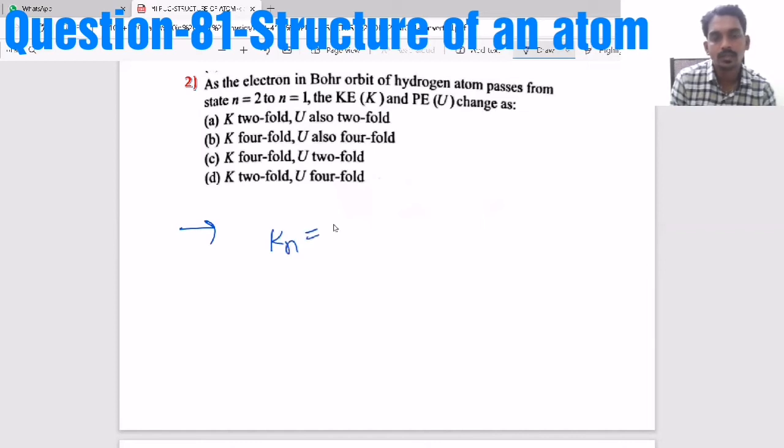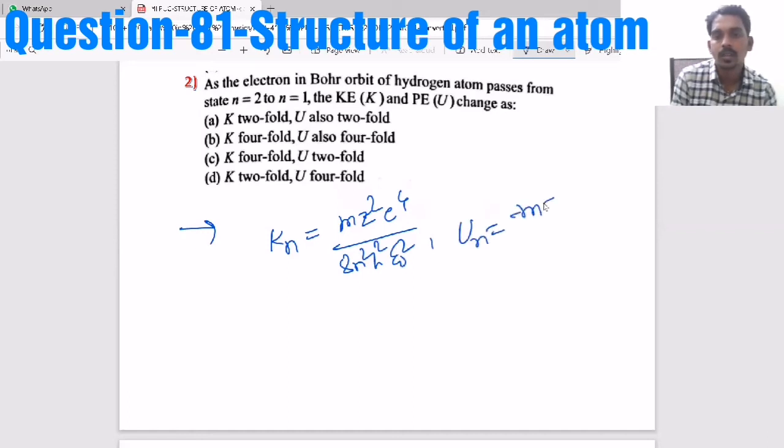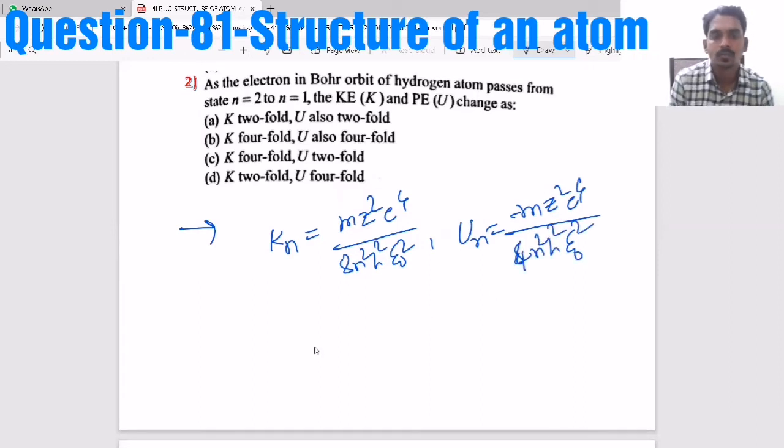See, kinetic energy, the formula was m Z square e power 4 by 8 n square h square epsilon naught square, and potential energy is minus m Z square e power 4 by 4 n square h square epsilon naught square. Here n equal to 2 changed to n equal to 1.